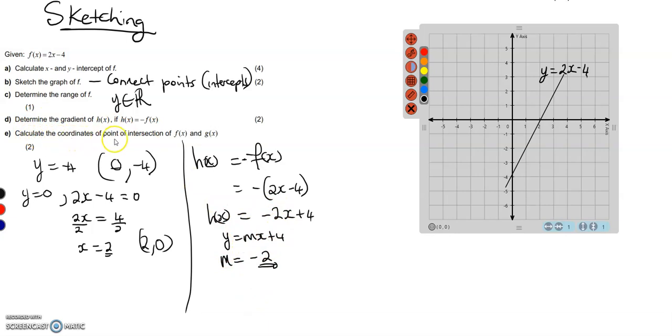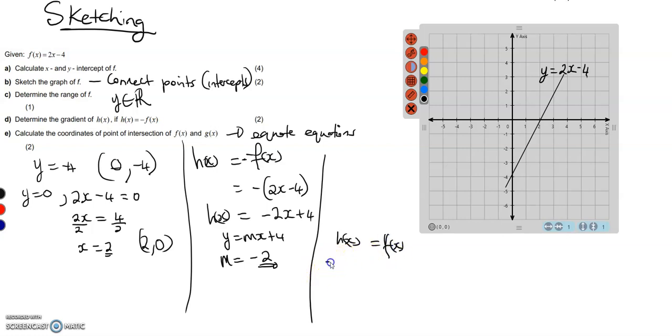Now calculate the coordinates of the point of intersection. For the point of intersection, you equate equations. That's your job. So h of x is equal to f of x. Then you solve for x.